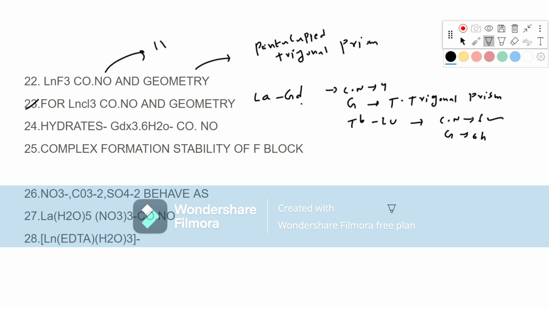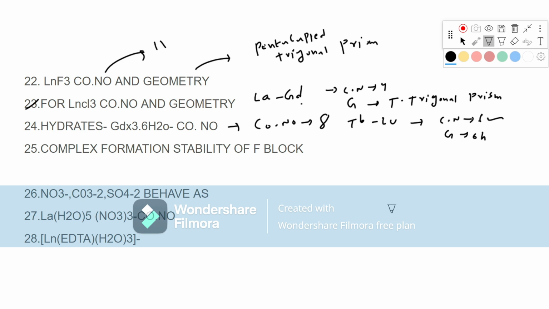If you take GdX3·6H2O, TbX3·6H2O, or LuX3·6H2O, you have to consider only 6 H2O and 2 halogens. That means the coordination number for these hydrates is 8.